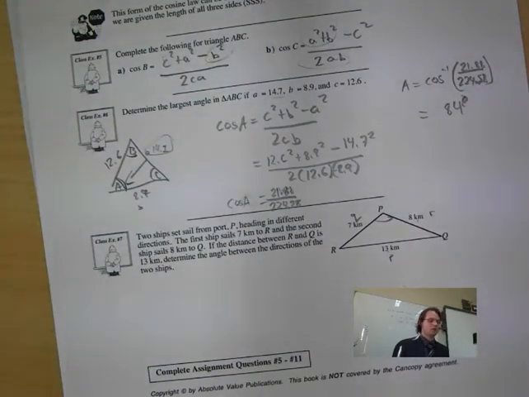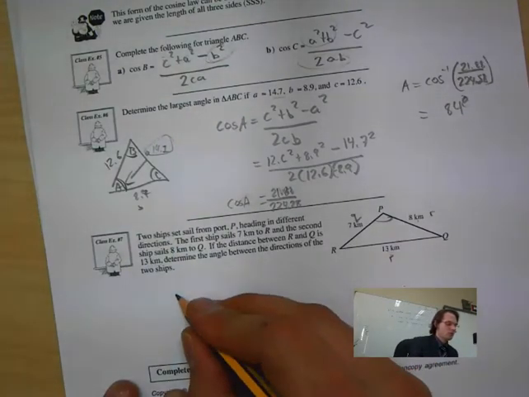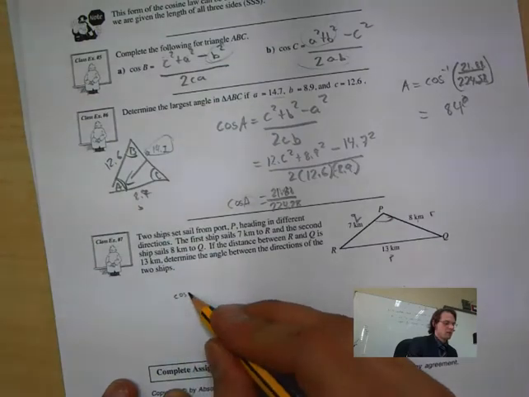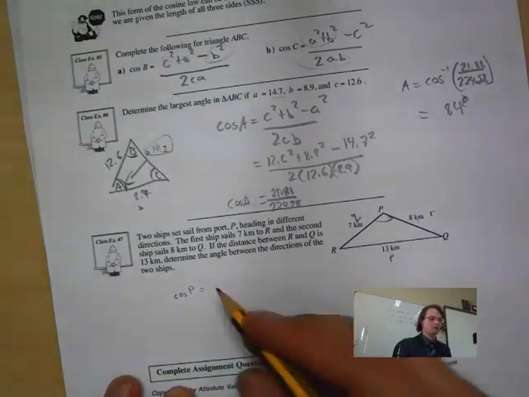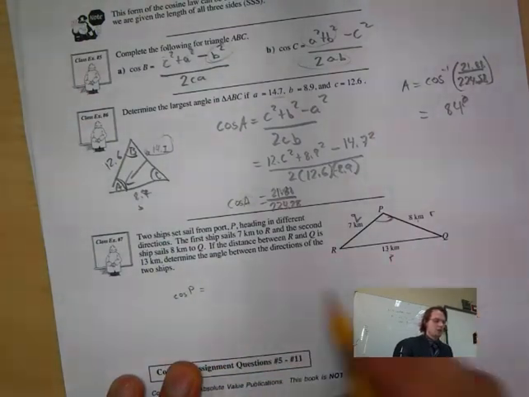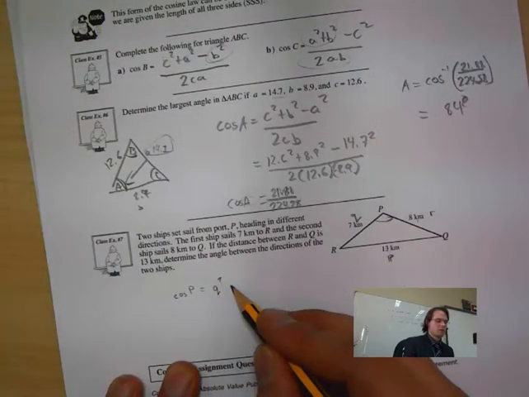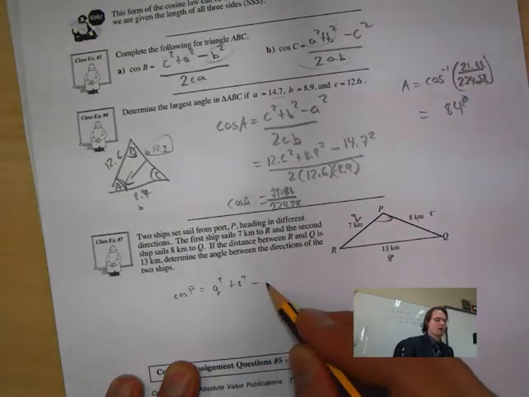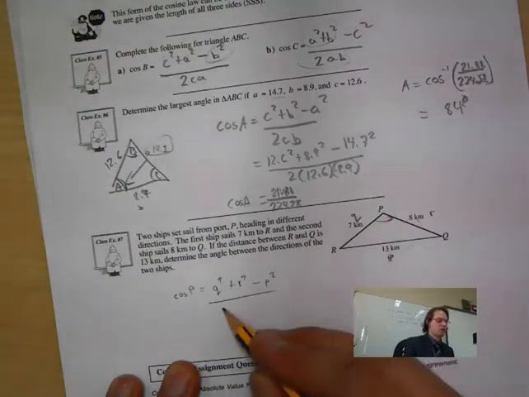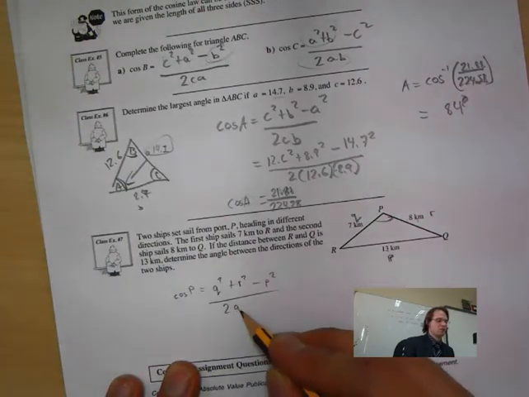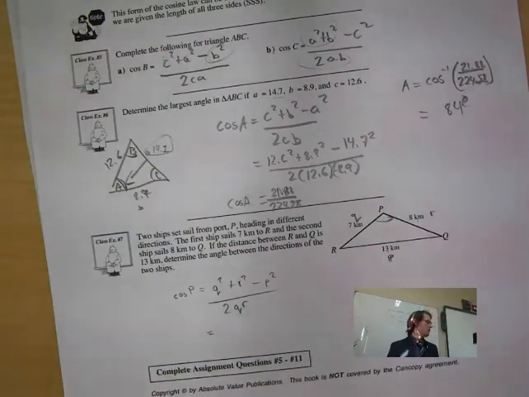Now we are going to have to use our cosine, and we're trying to find the angle. We're going to go cosine of P is equal to Q squared plus R squared minus P squared all over 2QR. Continue calculating this.